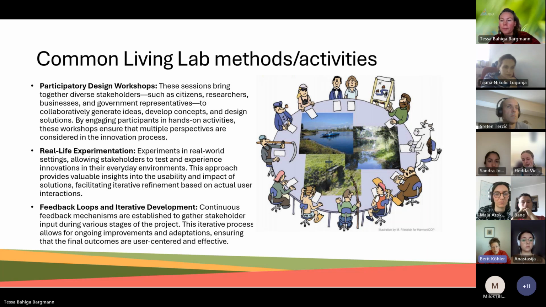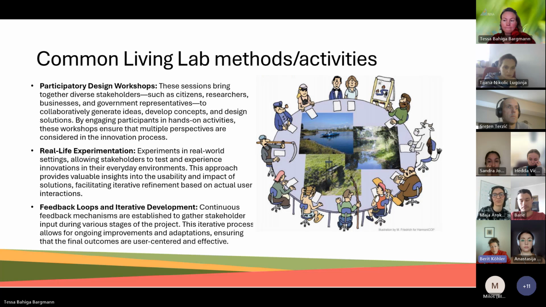So by engaging participants in such hands-on activities, workshops could ensure that these multiple perspectives are considered in the innovation and design processes of nature-based solutions here in this example.